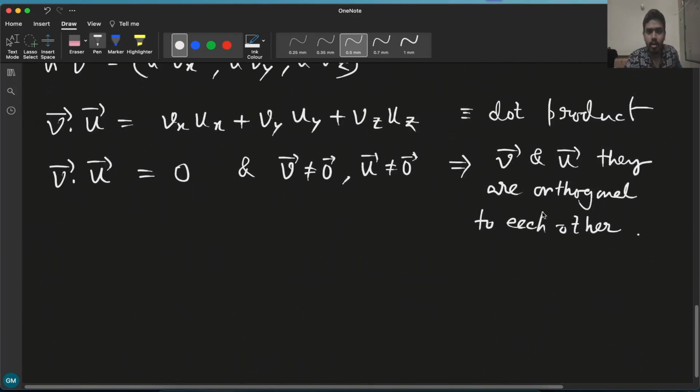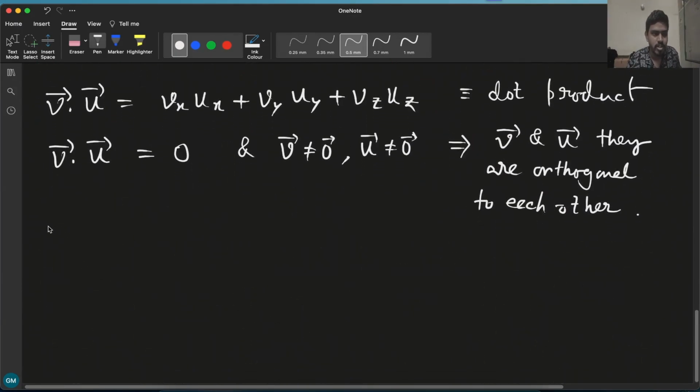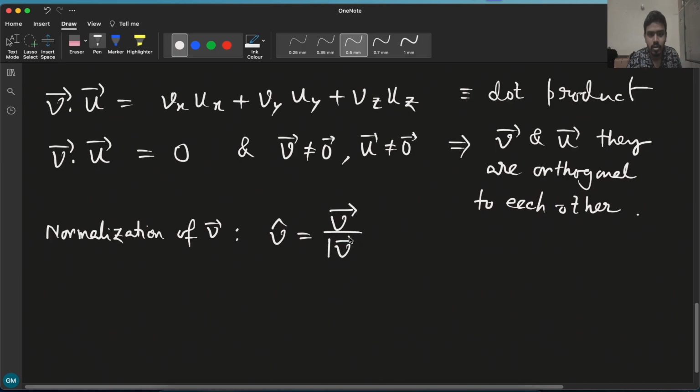Okay, and normalization means, normalization of, let's say, v, means finding the unit vector along v. I'm writing it as v cap or v hat, which is the v vector divided by the mod of v, and mod of v is nothing but root of v dot v.